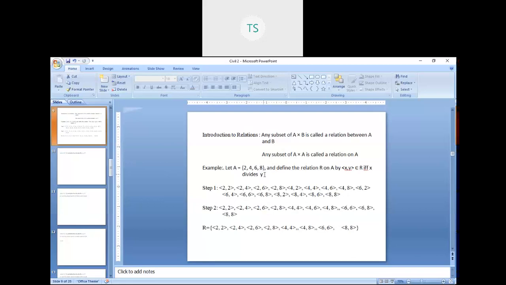For any example of a relation, you will get this type of condition, and that condition has to be satisfied by the elements of that particular relation.